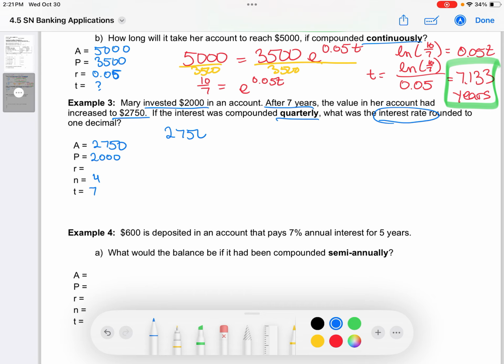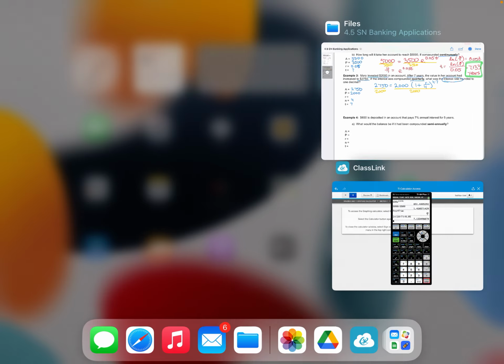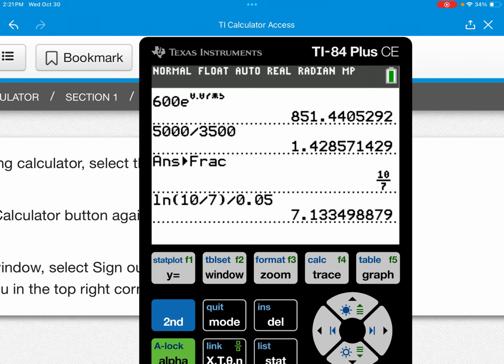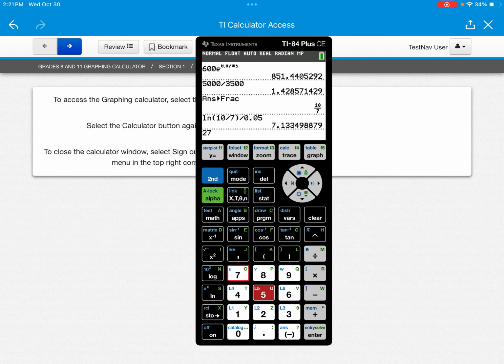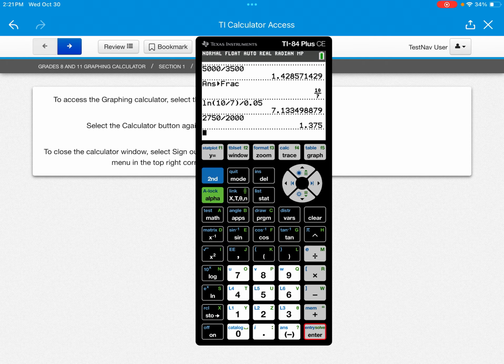So $2,750 equaling 2,000. 1 plus R that we don't know over 4 to the power of 4 times 7. Can divide off the 2,000. $2,750 over 2,000, so 1.375.